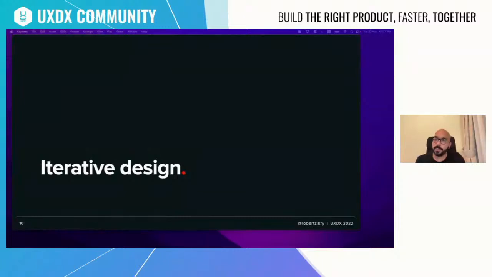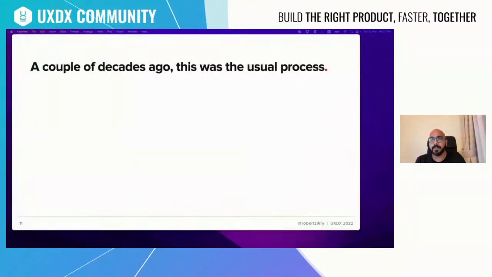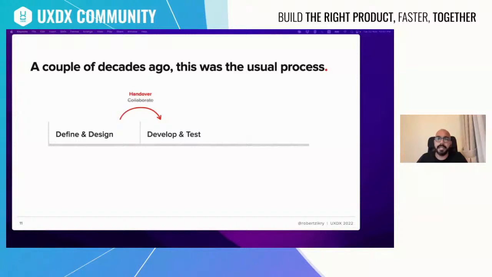So how do we approach iterative design? A quick walk down memory lane. If you can remember a couple of decades ago with the classic waterfall model, we had the defining and the speccing and the design and the requirements. It would take a few months to do. And then the engineers would go off for a few quarters with that handover.